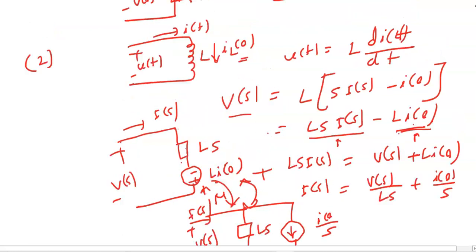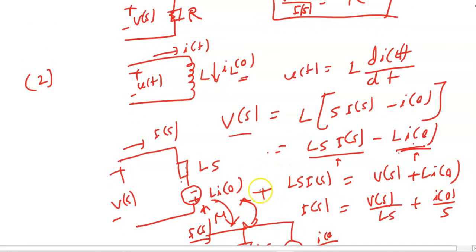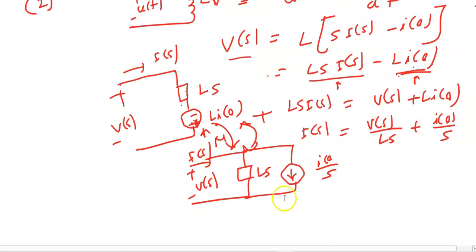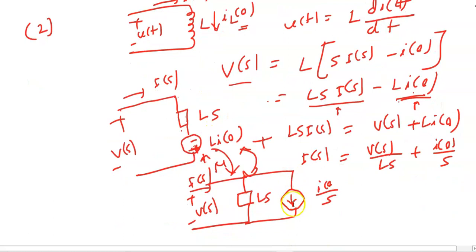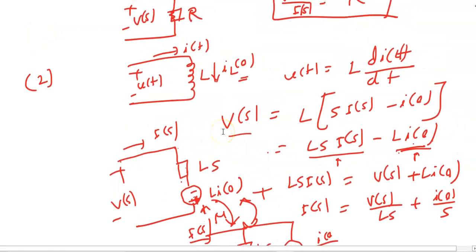One important point: see the direction of the voltage positive terminal. There is absolutely no issue when you do the current transform, because the direction of current coincides with the direction of the current transform. But for the voltage transform, the voltage source is connected in such a polarity that current flowing out of the positive terminal aligns with the initial current.